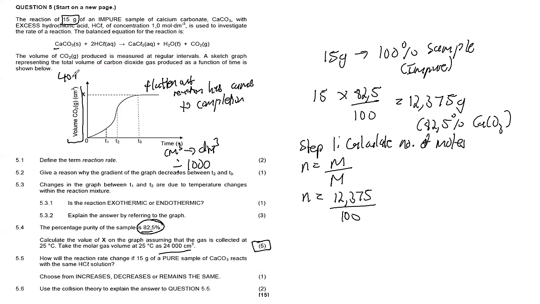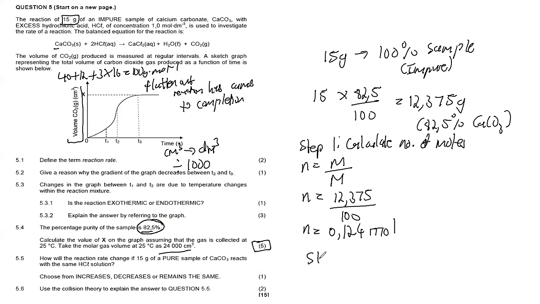So 40 plus 12, plus 3 multiplied by 16, you're going to get 100 grams per mole. That's where we get that 100. And then n equals 0.124, rounded off to at least 3 decimal places. Remember, you don't want to round off to 2 decimal places as yet, because that's not the final answer. So you have your number of moles as 0.124 mole.